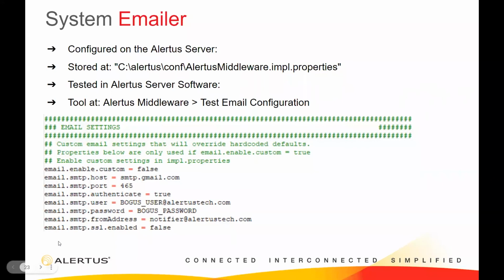Now yours should look very similar to mine here with a few exceptions. You'll probably be using an SMTP host with an SMTP port, probably 25, and authenticating it, but you will likely have credentials that are valid for your organization and an address to send them from.